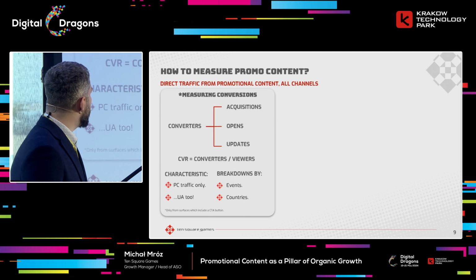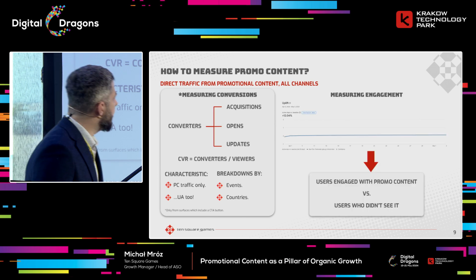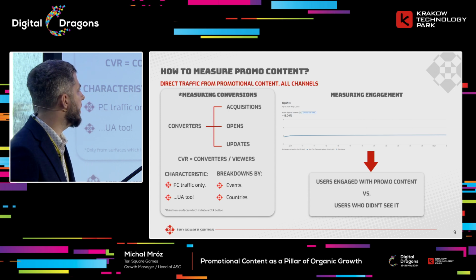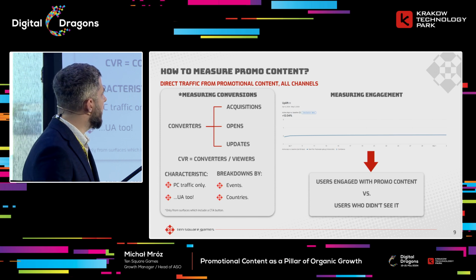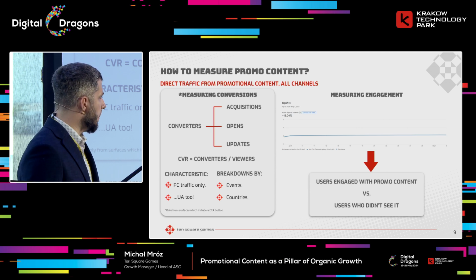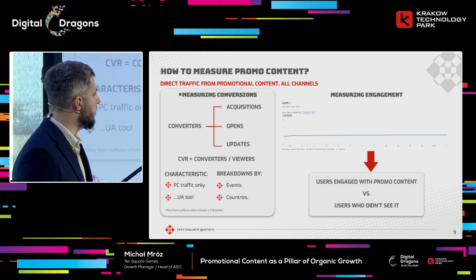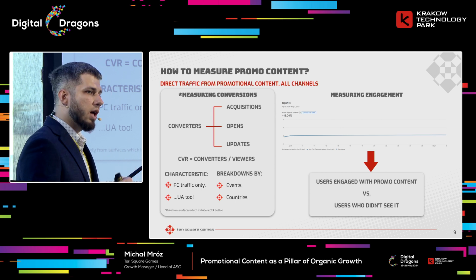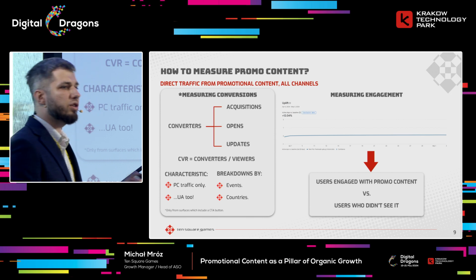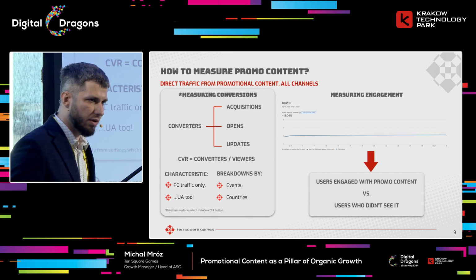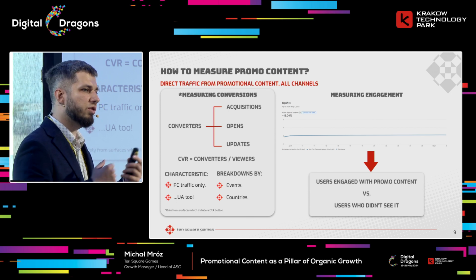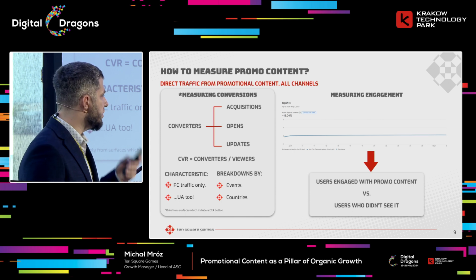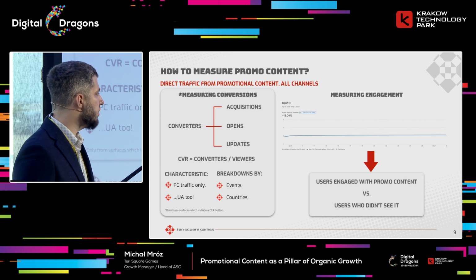But this is one thing about measuring conversions, but you can also measure your engagement. And this is also something that is offered directly in Google Play Console. So you can have this uplift metric. And this is basically how Google Play calculates that you have users who went to the game after engaging with promotional content versus users who went to your game without interacting with promotional content, and they will measure how active they were, for how many days, how was this relation between those who engaged with promotional content versus those who didn't engage.